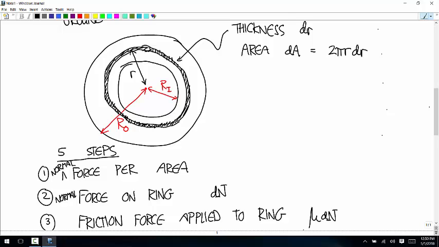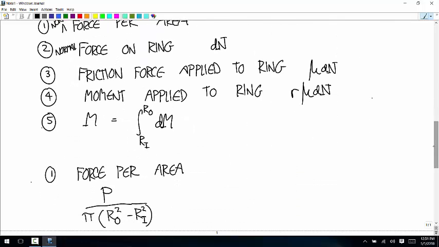It's in different directions the whole way. But the key thing is that when we try to figure out the moment applied by that friction force, each one of those forces is perpendicular to the moment arm. And so we can treat it all as a single moment. That's why we've divided it up into rings like this.